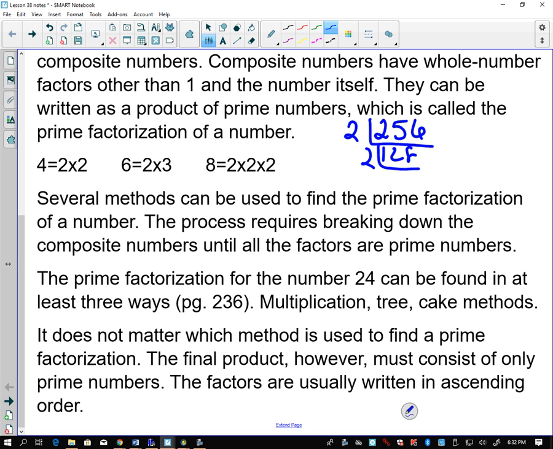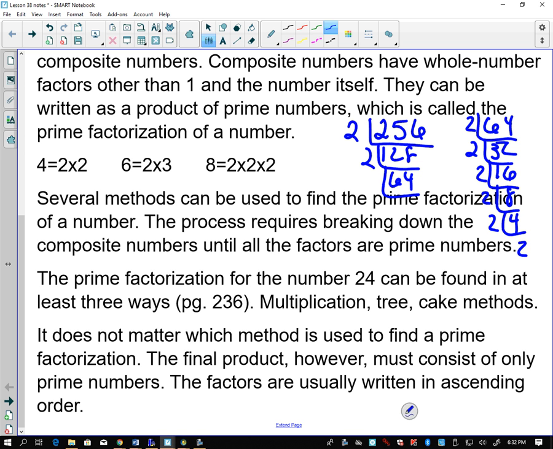At this point, I've got 2 and 64. All right, 64 would be what, 2 and 32. Okay, we've got 2 and 16, 2 and 8, 2 and 4, 2 and 2.